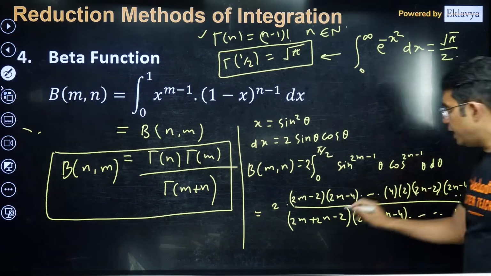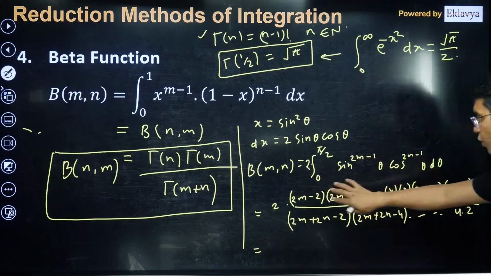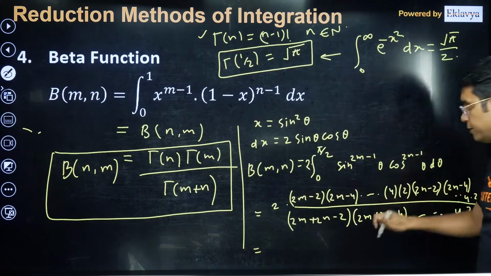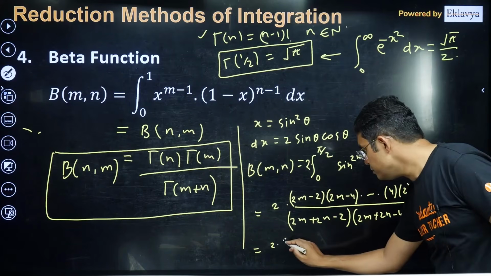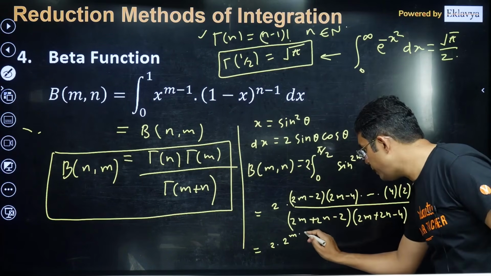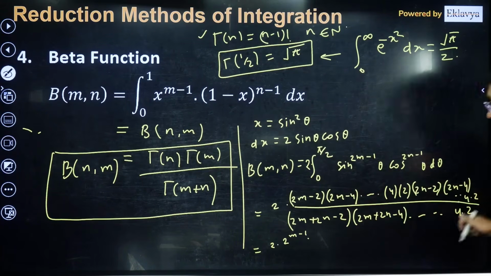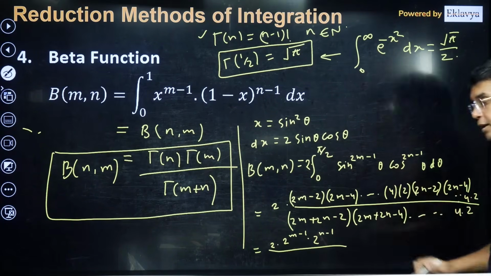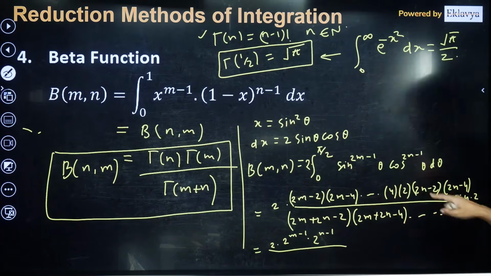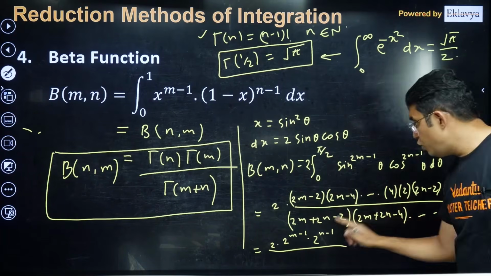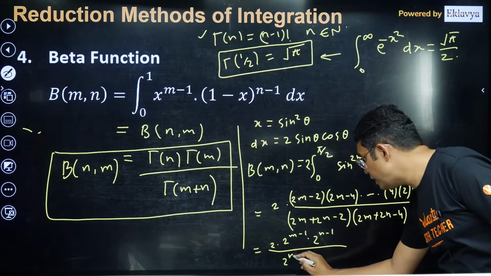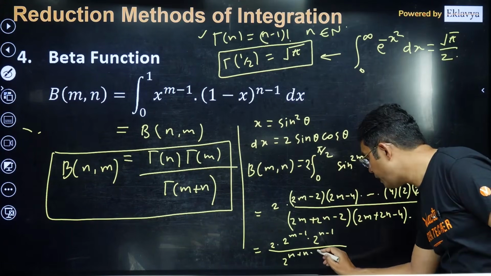Now if I take 2 common from all of them, 2 will be common m minus 1 times here, so 2 raised to the power m minus 1. 2 will be common n minus 1 times, so 2 power n minus 1 here. Whereas in the denominator, 2 common m plus n minus 1 times, it will be 2 raised to the power m plus n minus 1.